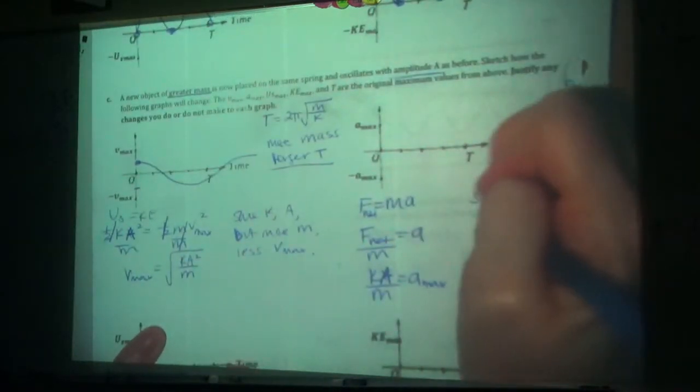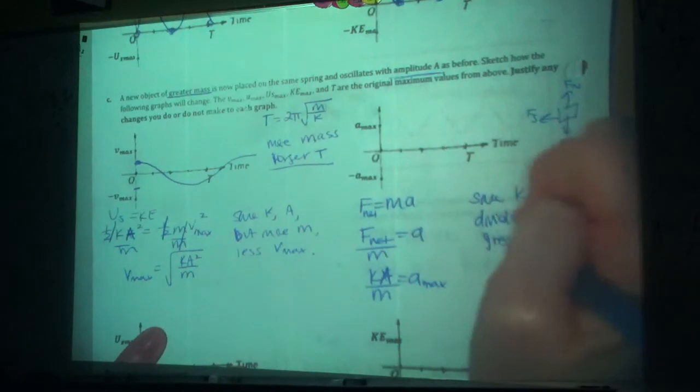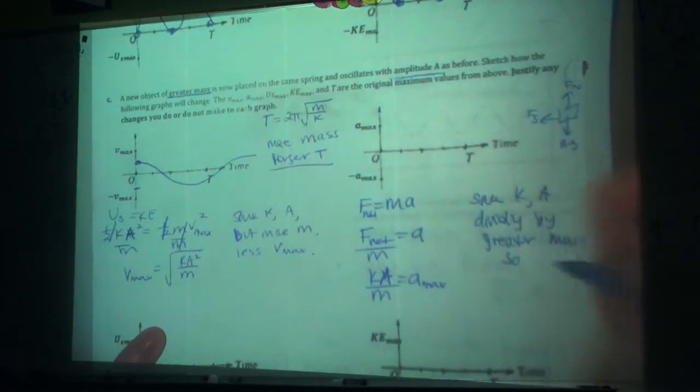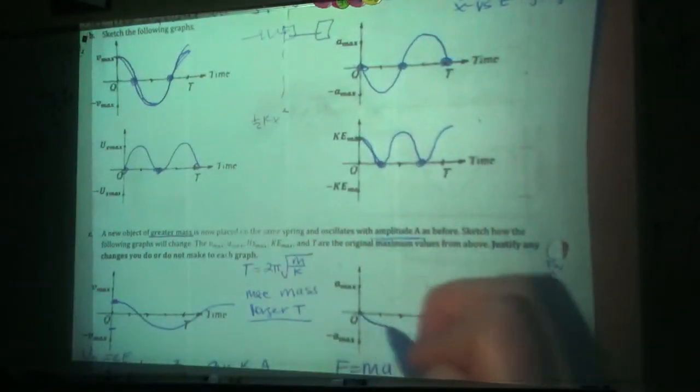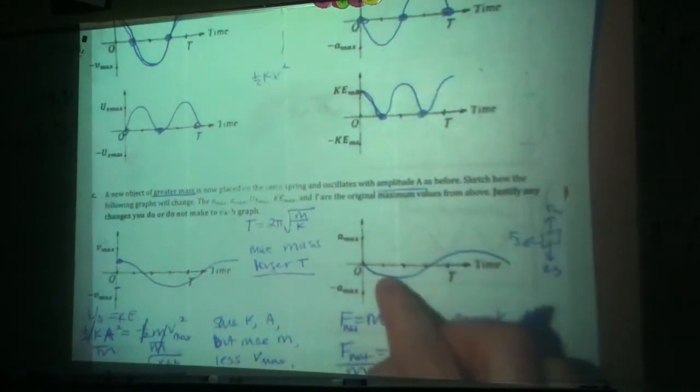Again, you have the same k and A, but you're dividing by a greater mass. So you now have a lower maximum acceleration. So I'm going to go back to my acceleration graph. I started at 0, and then I'm going to follow the same exact shape, but now it's spread out more and it's lower values.